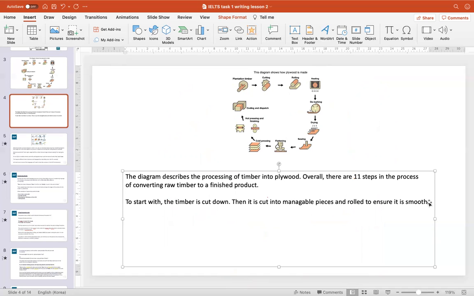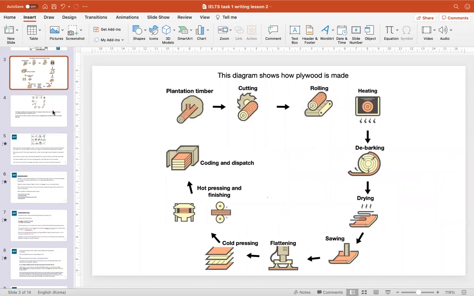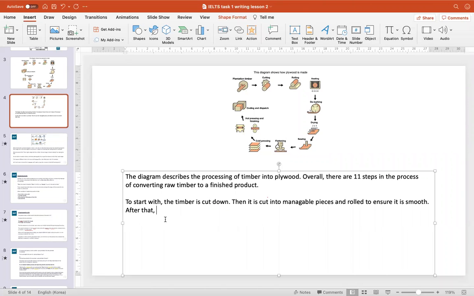We need another adverb. So after that, yep. You tell me what to write. So after that, we heat the sliced pieces, the logs. Normally, the logs are what we get out of a tree.